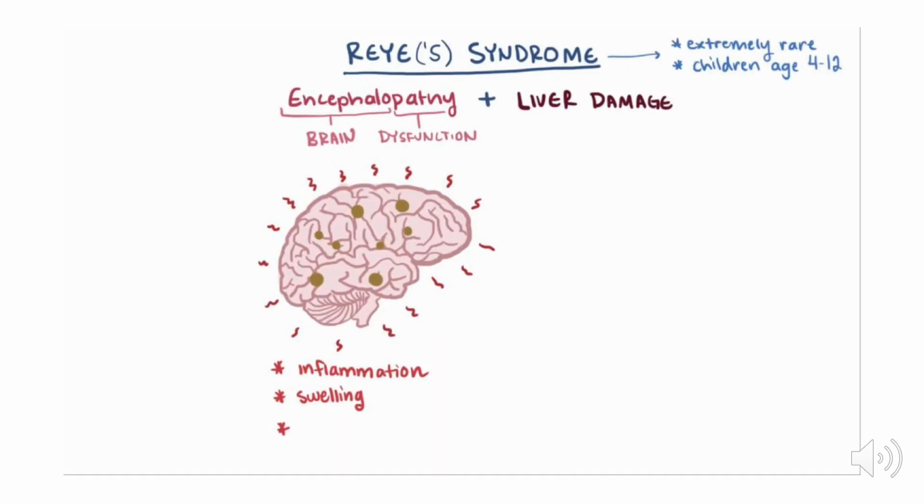So if you have a patient who just recently had a viral infection, and then the patient was brought to the clinic or the hospital, and you found out that there is a problem in the liver, and the patient has manifestations pertaining to CNS involvement, then that should raise the suspicion that the child could be having Reye's syndrome.